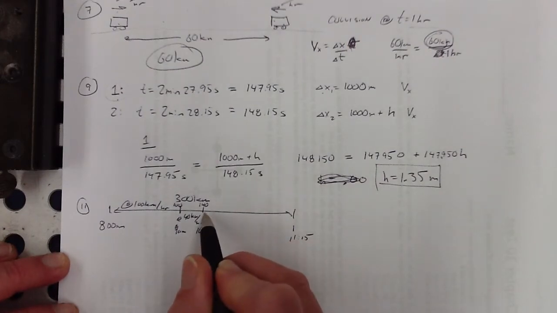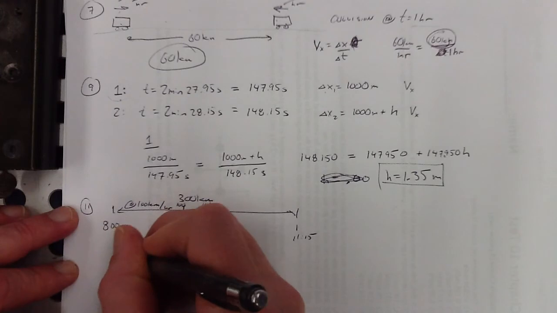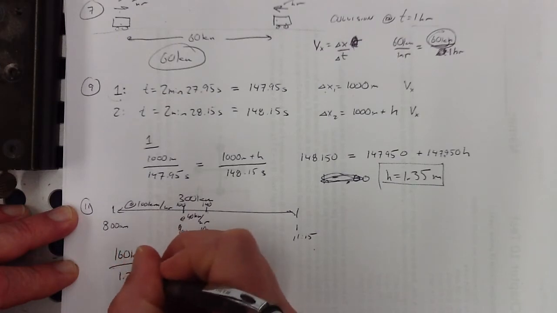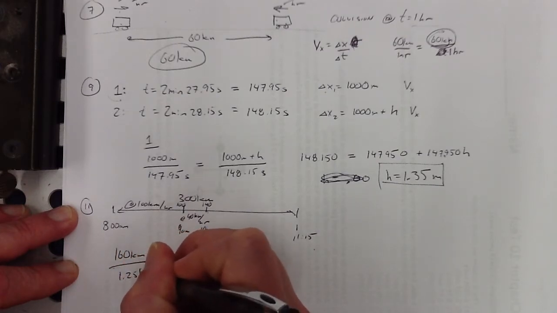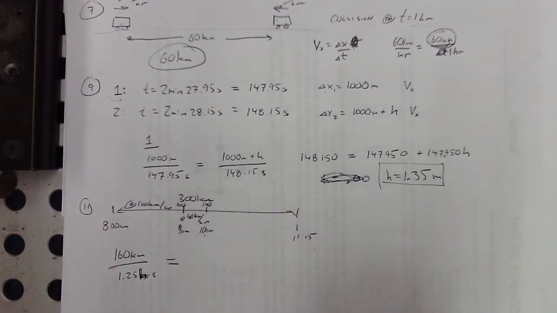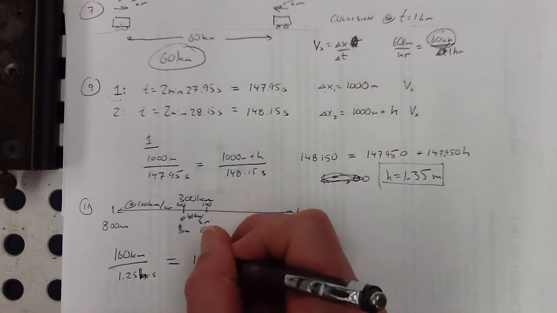You have to cover the rest of the distance, which is 160 kilometers, in an hour and 15 minutes, which is 1.25 hours. So that is 160 divided by 1.25, 128 kilometers per hour.